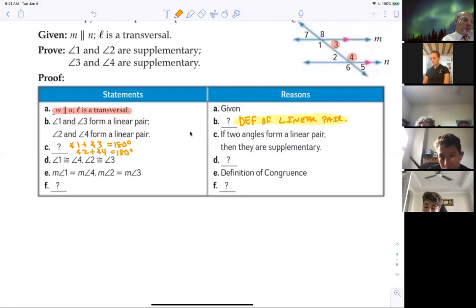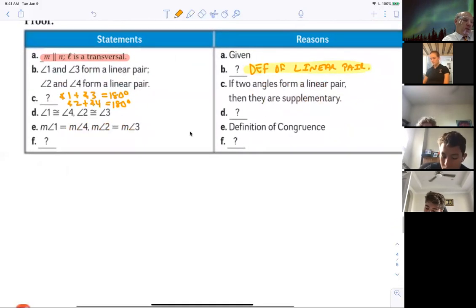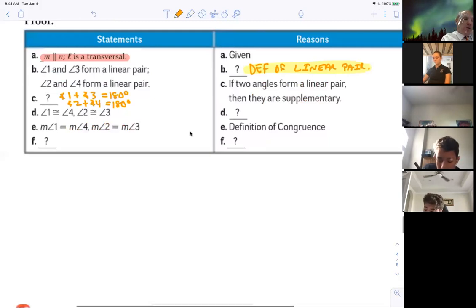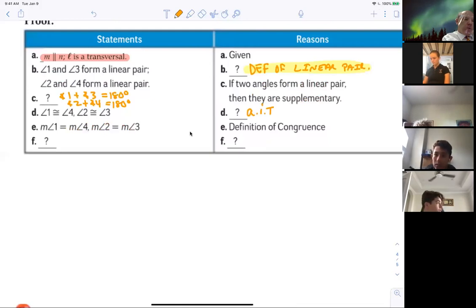Now, someone tell me, please, about D. Nope, nope, nope. I don't think so. Yes, they're alternate interior angles. So alternate interior angle theorem. We used to just write AIA, alternate interior angle theorem.